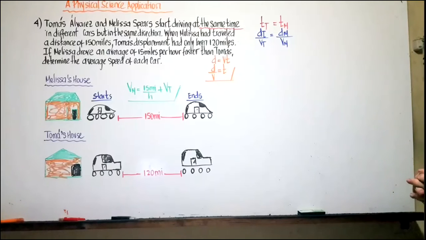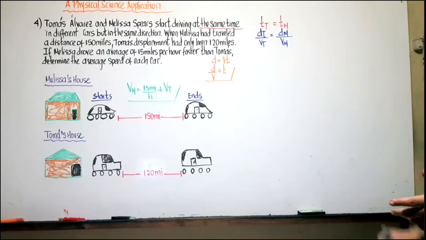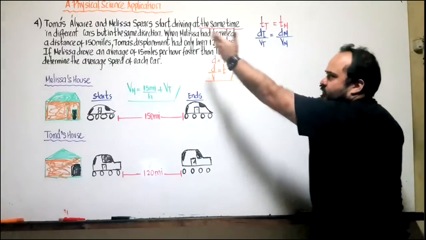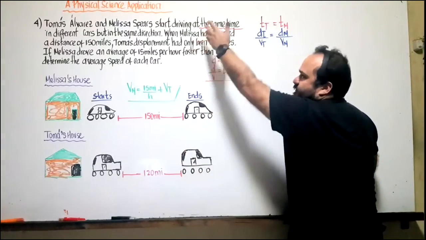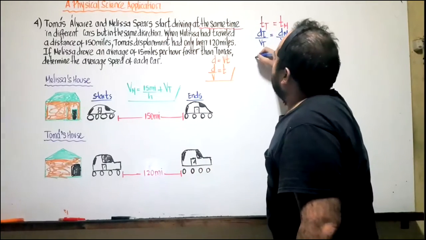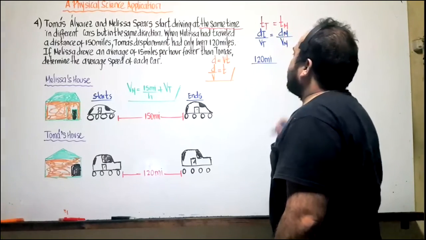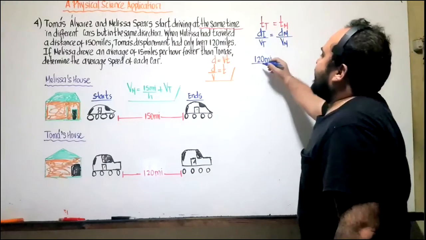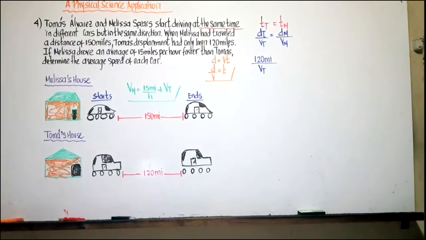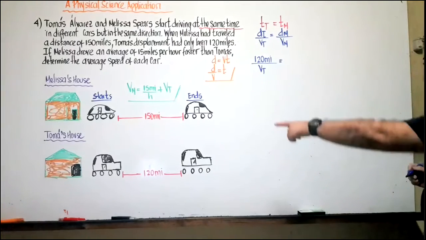Now what are we going to do? Simple: replace the known variables. For example, what is the total displacement of Thomas? As you can see in this diagram, or if you read the word problem, it is 120 miles. What is the speed of Thomas? We have no idea, so we write VT. What is the distance of Melissa?